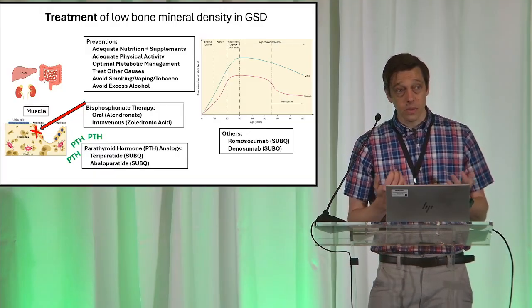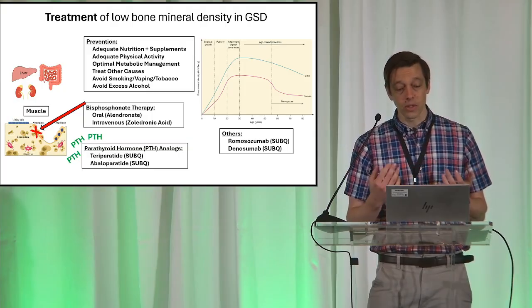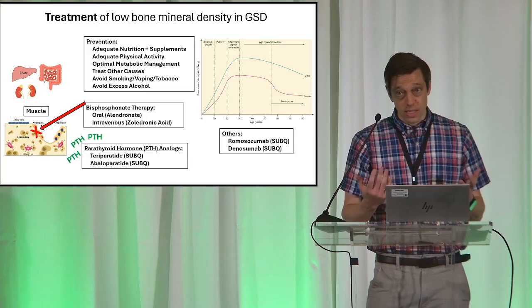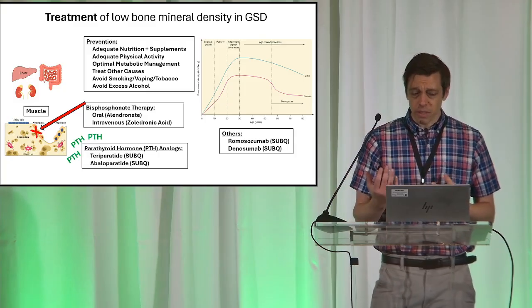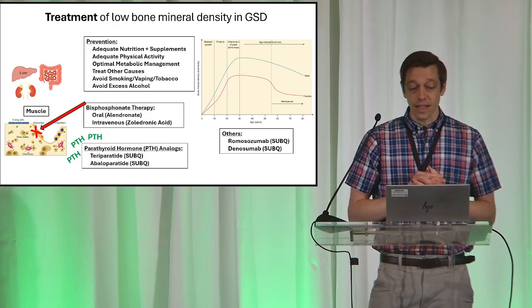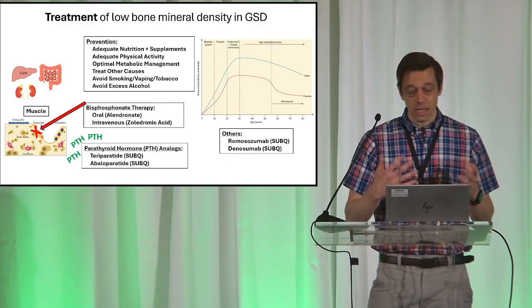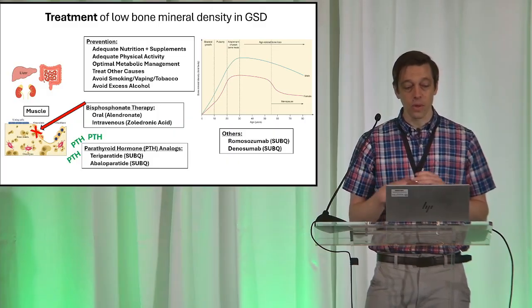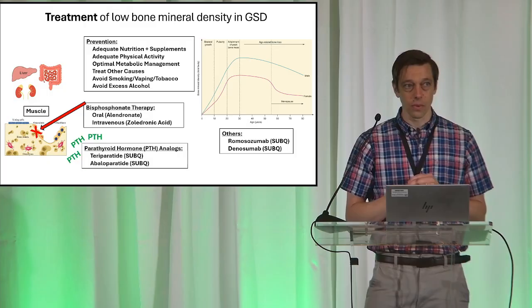So in adults, we can use parathyroid hormone analogs, which, just as they sound, are recombinant forms of parathyroid hormone that can be given subcutaneously and provide all the same supports that parathyroid hormone can for bones.